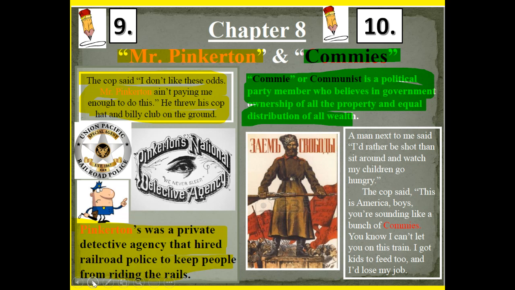Commie or communist is a political party member who believes in government ownership of all property and equal distribution of all wealth. So number 10 is commies. It's a political party member who believes in government ownership of all property and equal distribution of all wealth.